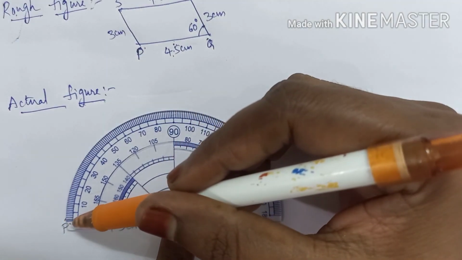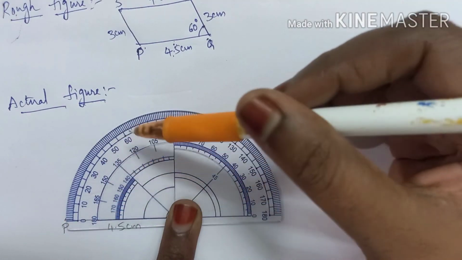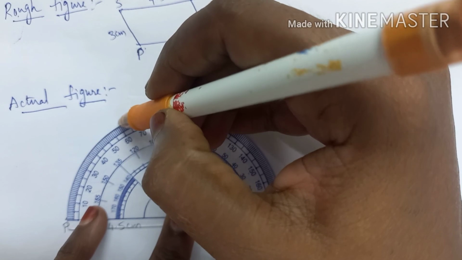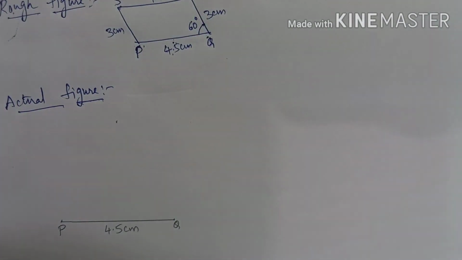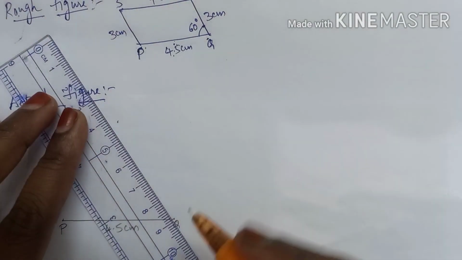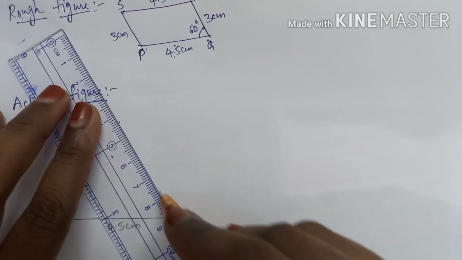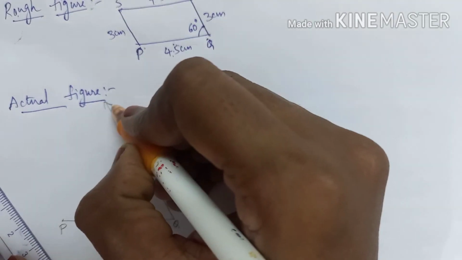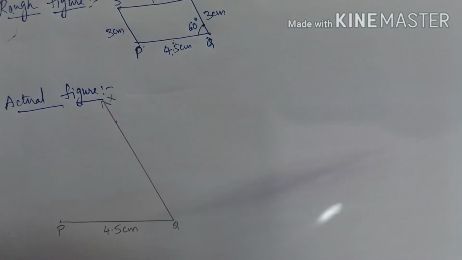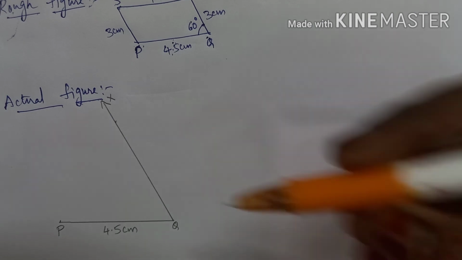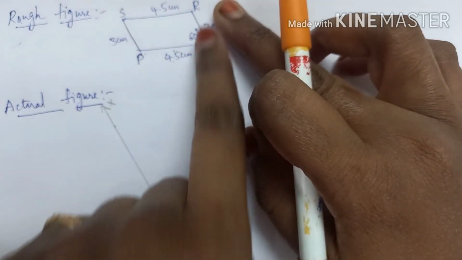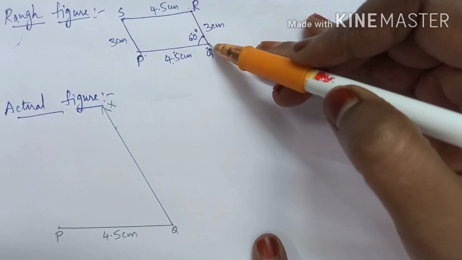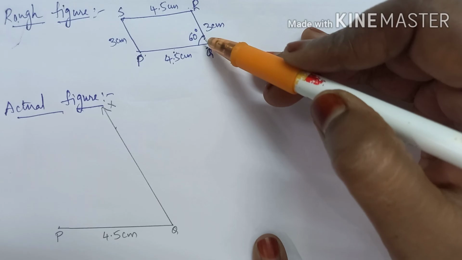Now let us draw angle 60 degrees. From here onwards 0, 10, 20, 30, 40, 50, 60. See here. Mark here 60 and draw the QX ray. Now on the QX ray we have to locate the point R. So where is R from Q? It is 3 centimeters distance.